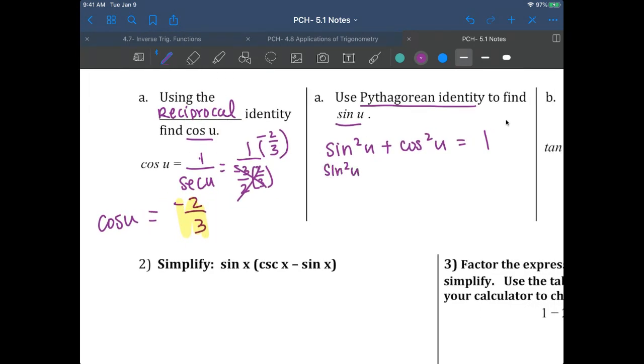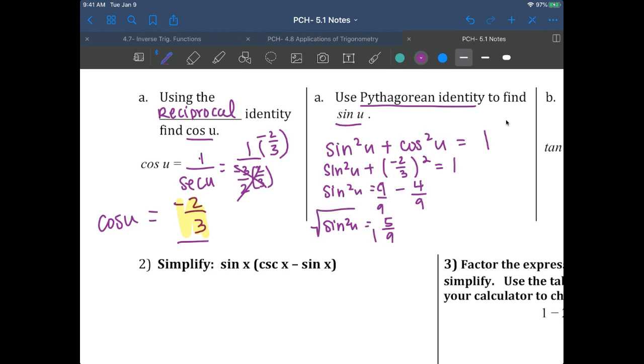So sine squared u plus, cosine is this negative 2 over 3 squared, is equal to 1. Simplify. Sine squared u is equal to 1 minus 4 over 9. I just moved it to the other side. And then 9 over 9. So sine squared u is equal to 5 over 9.